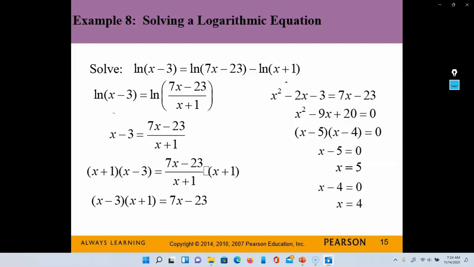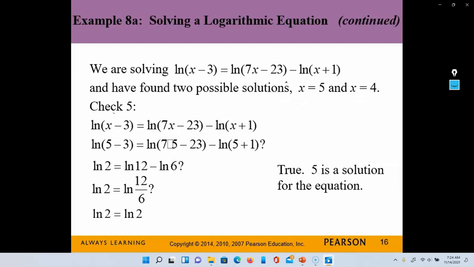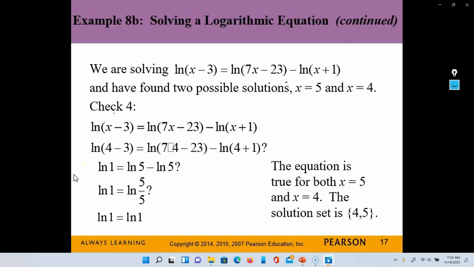Now, what they do in the next few slides, and we're going to save a little bit of time, is to say that 5 is a true solution because of what we've just said, and 4 is also a solution of what we've just said. So our solution set for this is going to be the 4 and the 5. Okay, we're saving hopefully a little time here.